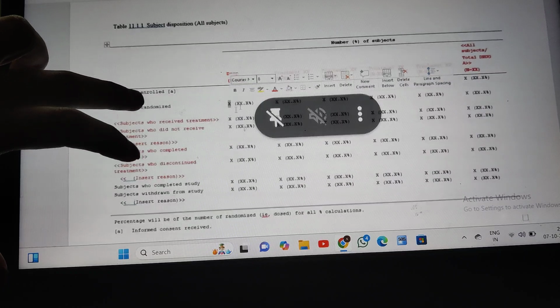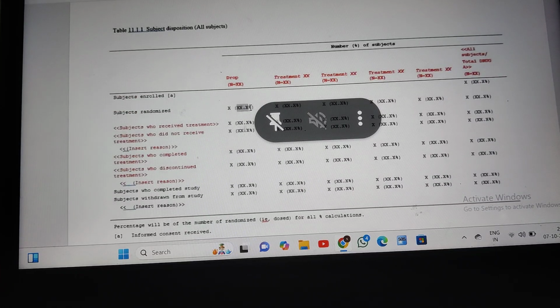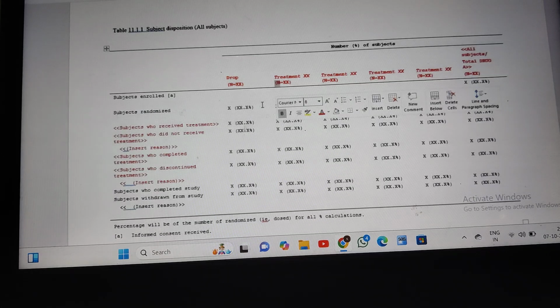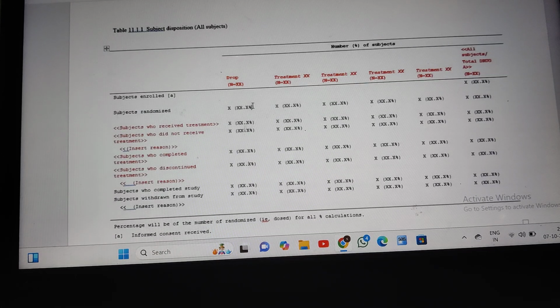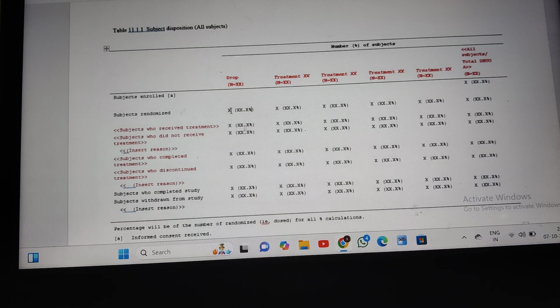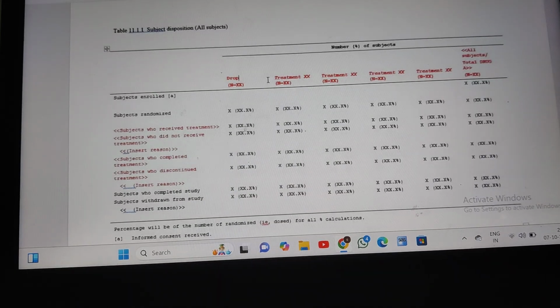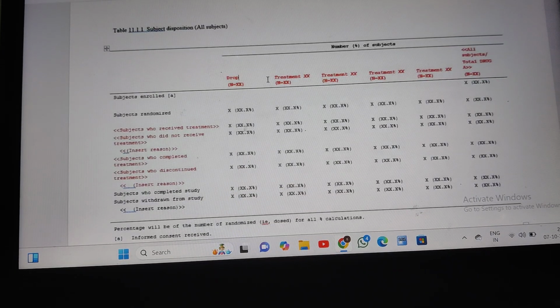The percentage comes from small n divided by big N into 100. Remember, these percentages come from the small n divided by the respective big N into 100. This is the general assumption for most tables, but it will not be the same for all tables.